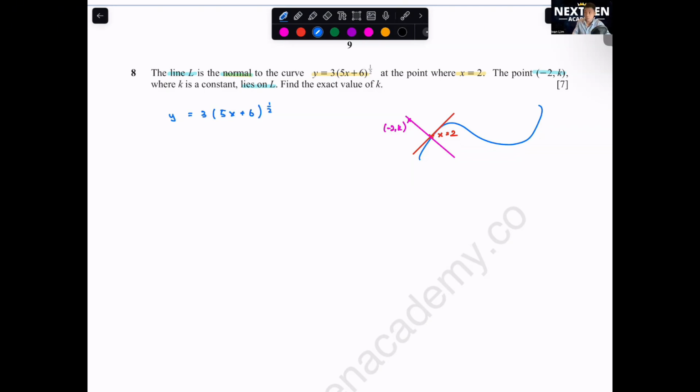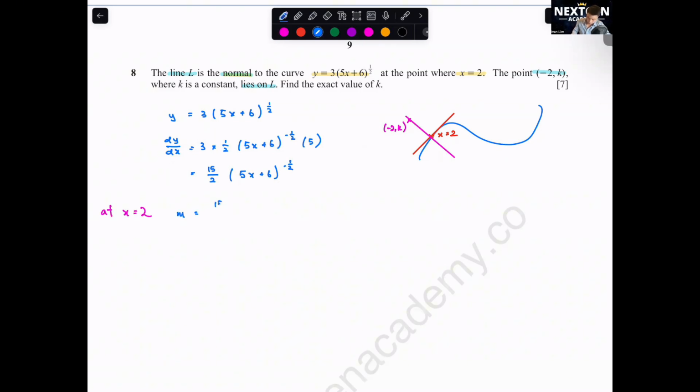So I write down this equation here. First thing, find your gradient. So dy over dx is 3 multiplied by 1 over 2 (5x plus 6) to the power of negative 1 over 2 multiplied by 5, which gives 3 times 5, 15 over 2 (5x plus 6) to the power of negative 1 over 2. This is my expression for dy over dx. Now I want to find the m value itself, so I substitute x equals 2.